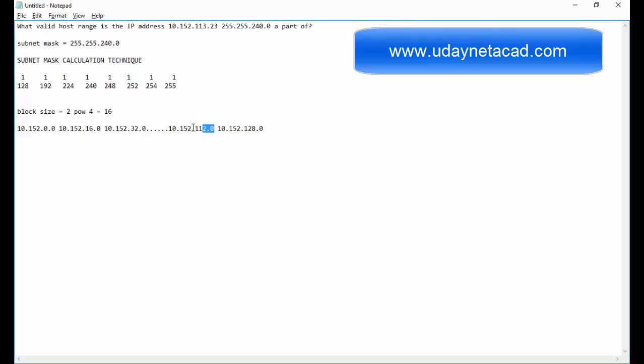So I'm just going to take this subnet and write down the first valid IP address, which is 10.152.112.1. The last valid IP address would be 10.152.127.254, and 10.152.127.255 will be the broadcast address.